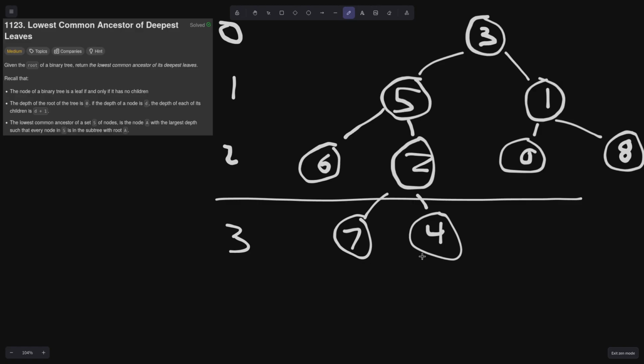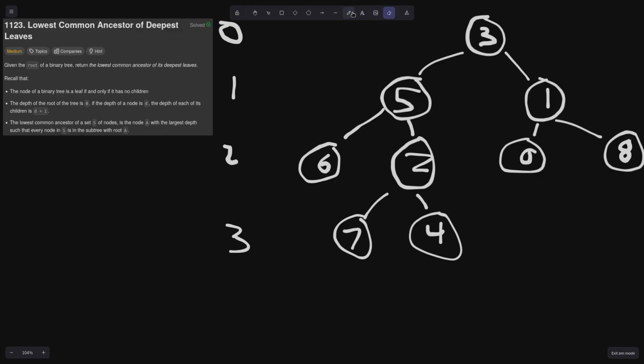If we wanted to find the lowest common ancestor, it would be the deepest parent which has all of these deepest leaves in it. So in this case, the first parent when we go up is going to be our answer because it contains all of our deepest nodes. Hopefully that makes a little sense.